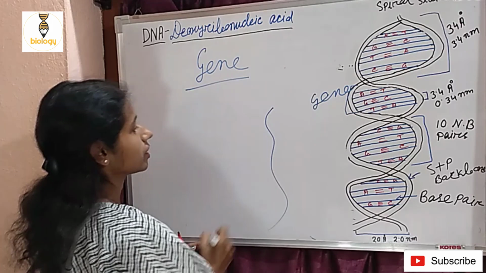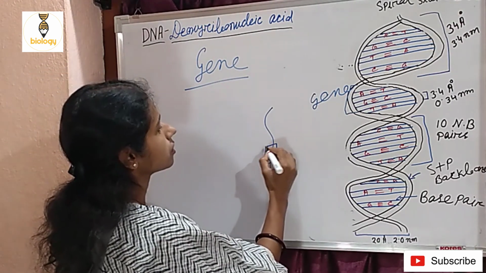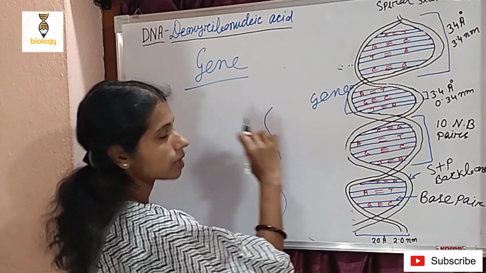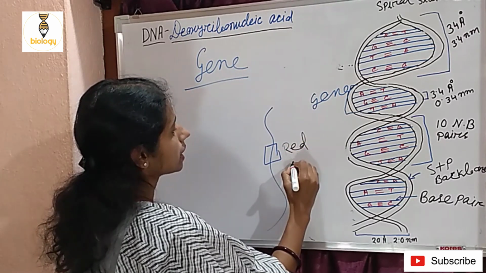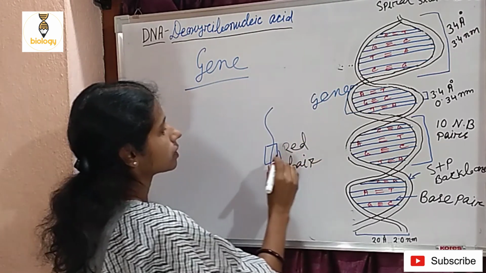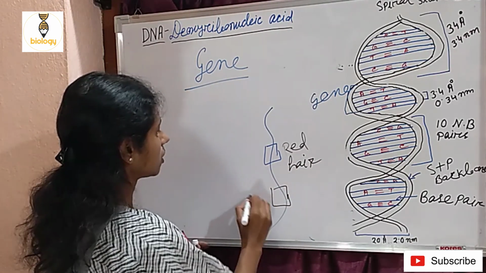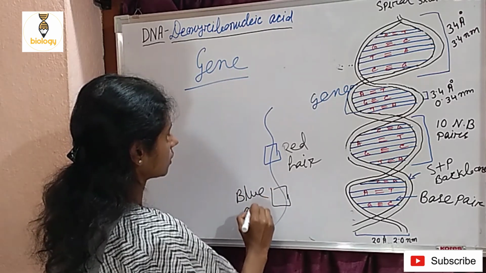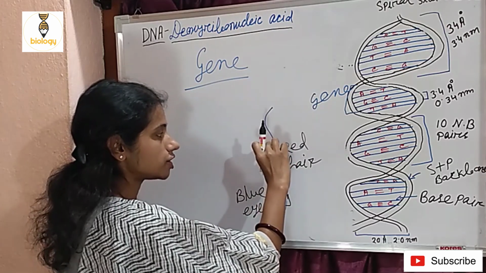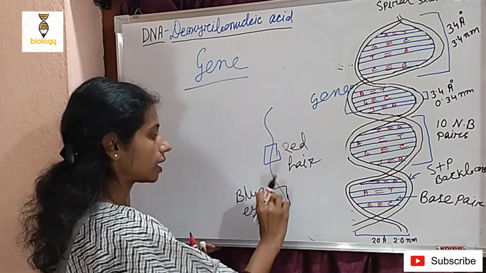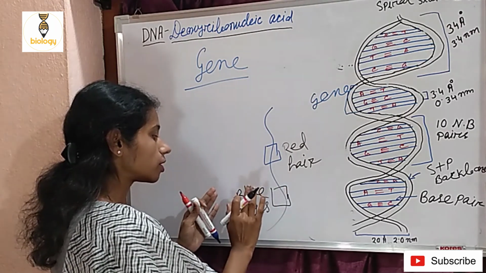Suppose I take that this part of the DNA is actually one gene responsible for one person's red hair. Suppose one person has red hair, okay, and blue eyes. So this portion of DNA is called the gene which carries the red hair character, and this portion of DNA carries the characteristic of blue eyes.